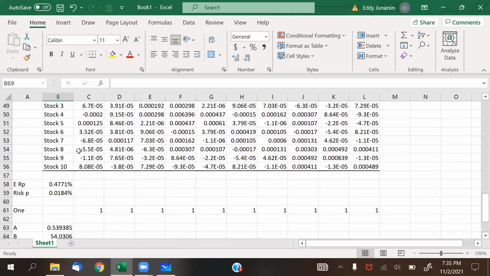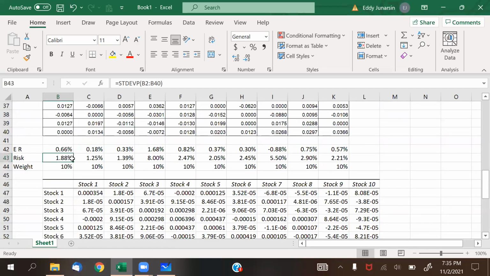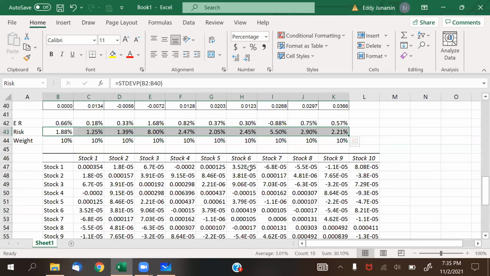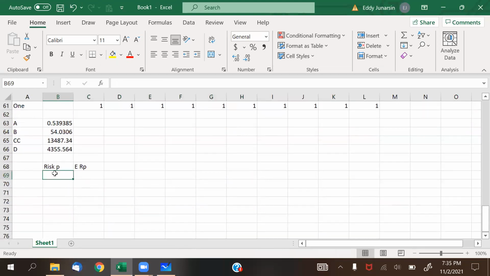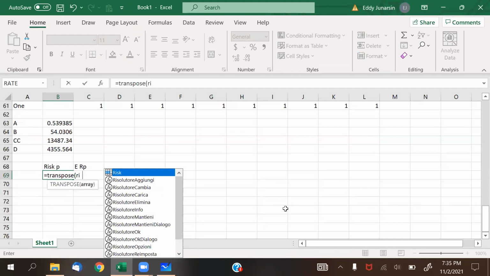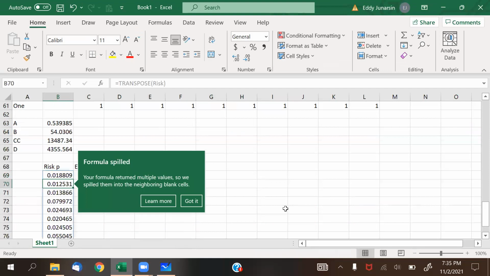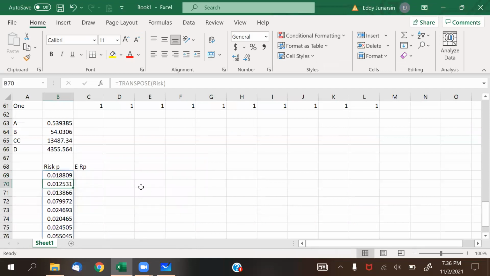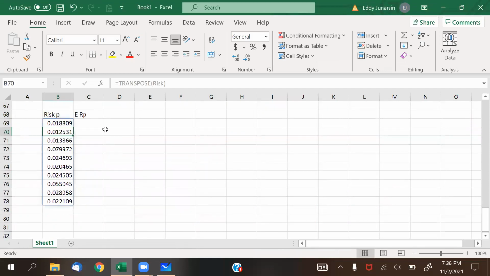So we'll just copy everything here. You see, risk. This is the risk of individual assets. I will just transpose it here. I just transpose, what's the name again? Risk. Okay, we get this, right?